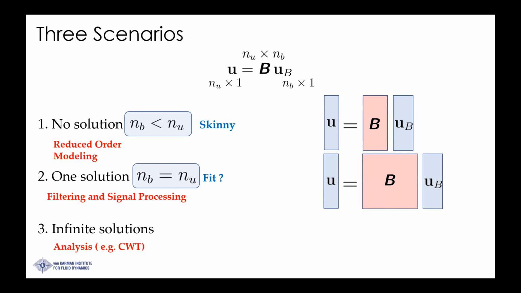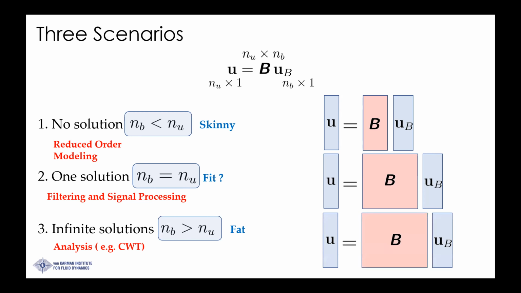The case you find in signal processing, often, in the case of the FFT, for instance, is the case in which you have a number of bases equal to the length of the vector. So this is a square matrix with an inverse, so you can go back and forth without any problem. You can type FFT and IFFT, and you go back exactly where you started. Or you can have a fat case.